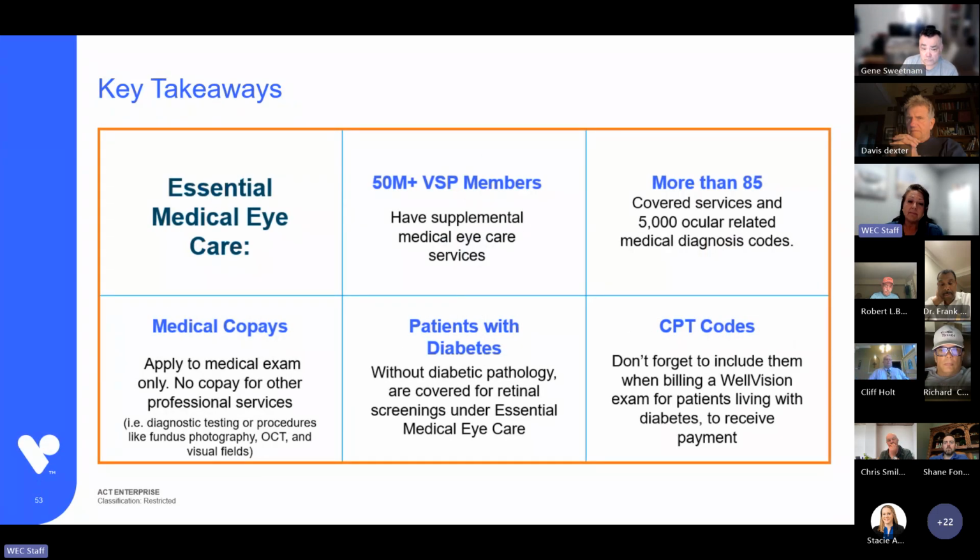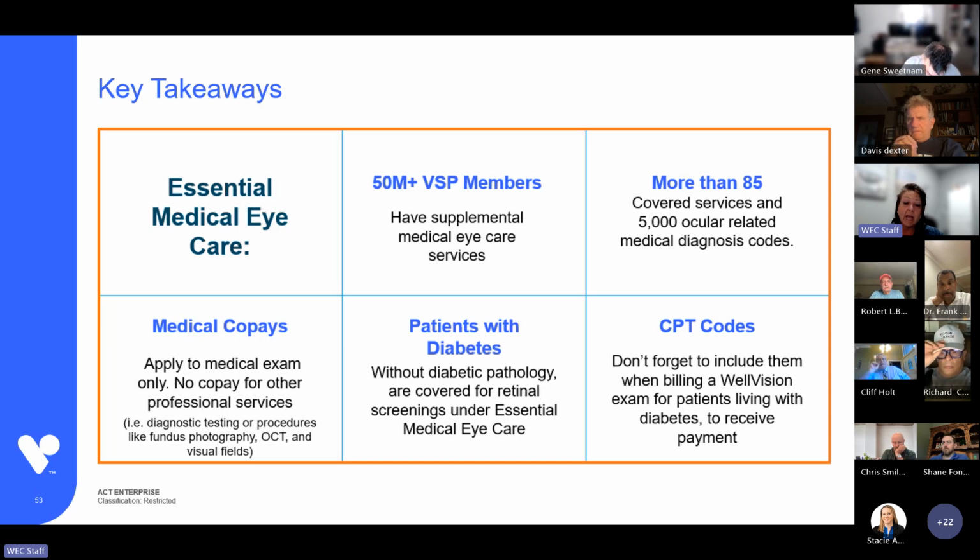So key takeaways, then, hopefully you now know that 60 million plus have essential medical eye care. So you're going to see this again and again, and more than 85 covered procedures are in essential medical eye care. The medical copay applies to the medical exam only, with no copay for visual field, OCT, or the additional diagnostic testing.